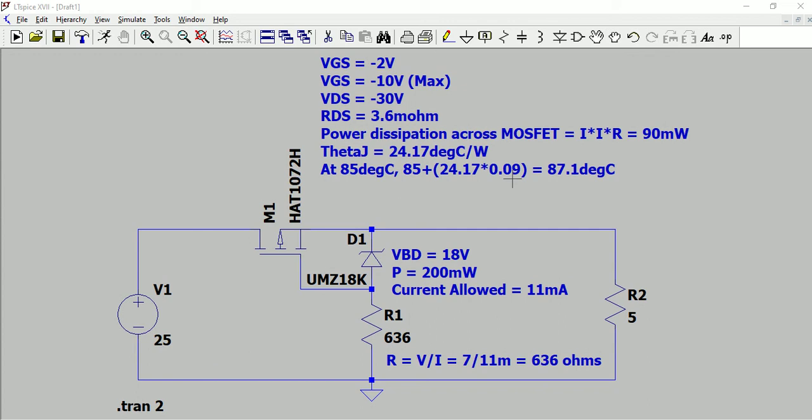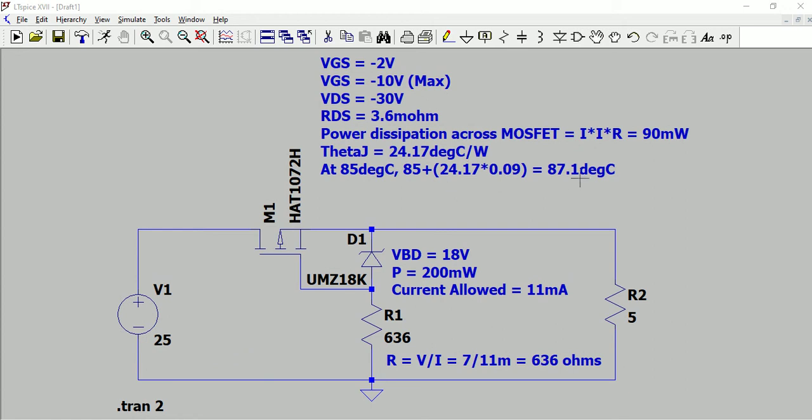So R into I, in thermal terms, it is theta jc, and then theta ja, sorry, the junction to ambient, times the power, which gives 87.1.